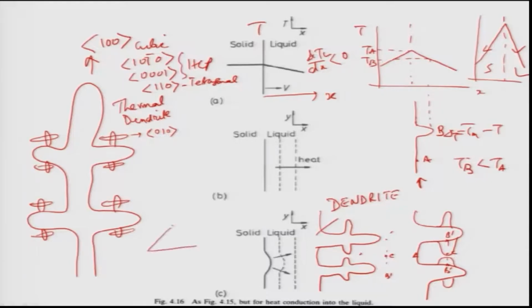If you draw a simple cubic unit cell, there are 6 1 0 0 directions. This is 0 0 1, this is basically 1 0 0, and this is 0 1 0. So I can always have 6 directions like these. You can clearly see the 6 directions, 1 2 3 4 5 6. That is why you always see the 6 arms of the dendrites in real 3-dimensional pictures.